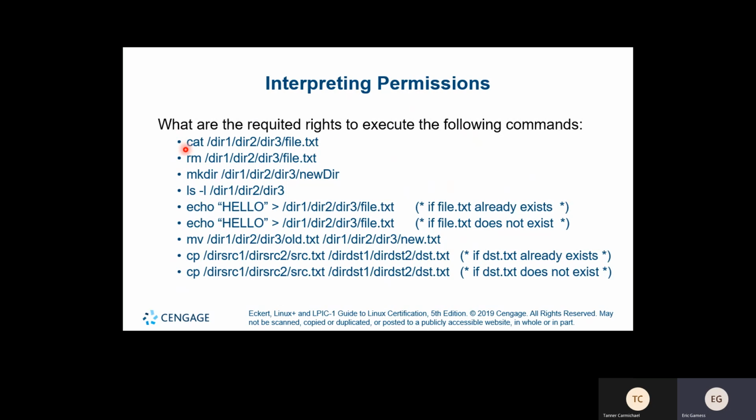And I want to execute this command, cat. This is the absolute path name, no? What rights do I need for this command to be successful? So I need you to tell me what rights we need on D1, on directory 2, on directory 3, and on the file.